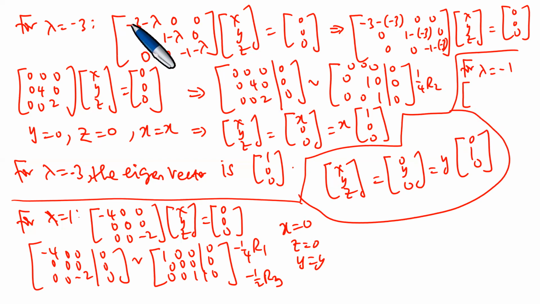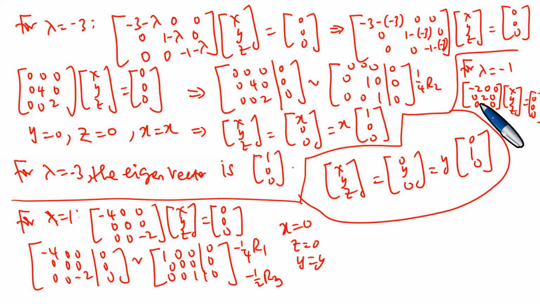which is minus 2, 0, 0. If you put minus 1, it's going to be 0, 2, 0. 0, 0, 0. X, Y, Z. 0, 0, 0.